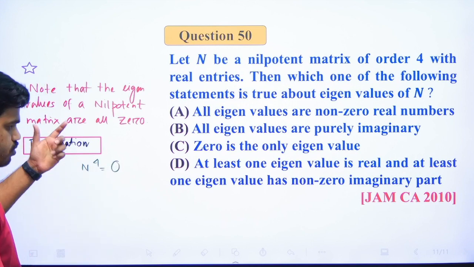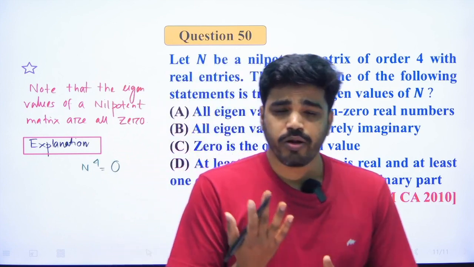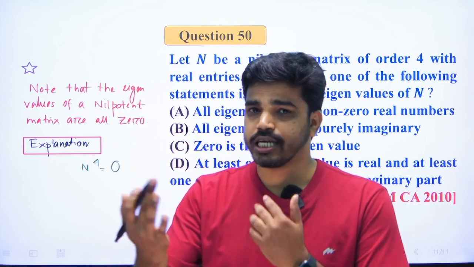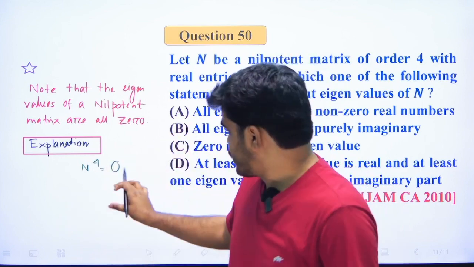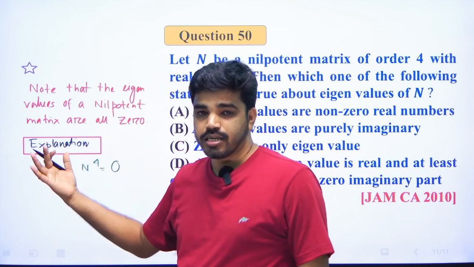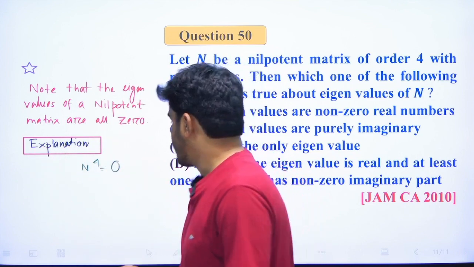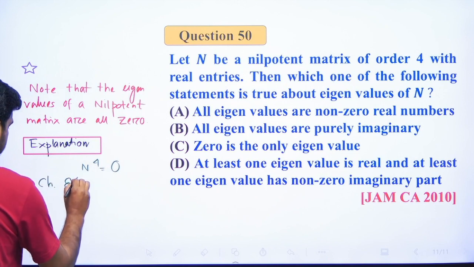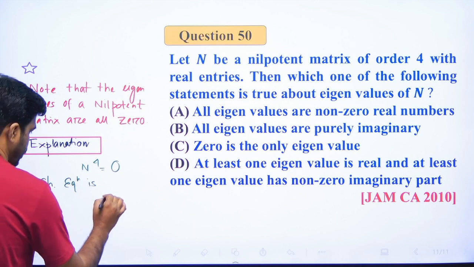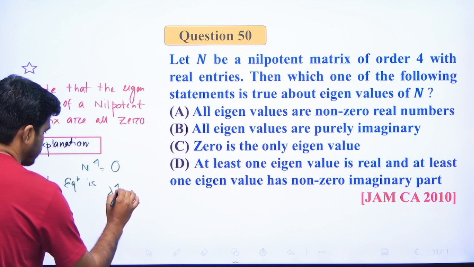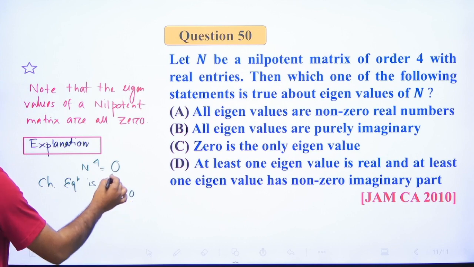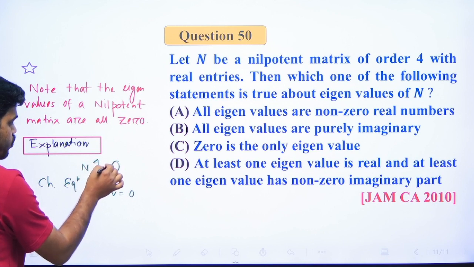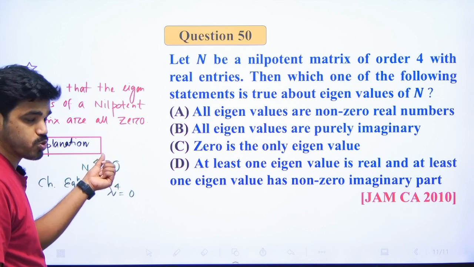Now just see, every square matrix satisfies its own characteristic equation. Think of this property conversely. The characteristic equation is lambda to the power 4 is equal to 0, right? If lambda to the power 4 is equal to 0 is the characteristic equation, then N to the power 4 is equal to the null matrix.